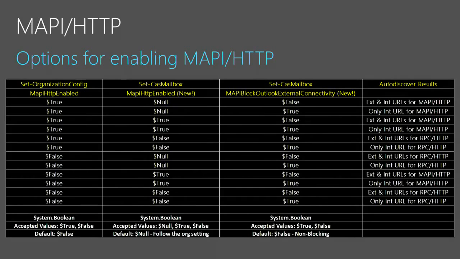We still have the org-wide setting option, but now through Set-CASMailbox, you have the ability to control whether or not they are using MAPI over HTTP, and through the internal connectivity parameter in Set-CASMailbox, we now also give you the ability to control whether or not external configuration information gets sent to your internal clients via Autodiscover as well. So this is a nice little safety valve where you can control and prevent your internal clients from getting the external connection information and going outside and back in for connectivity purposes.